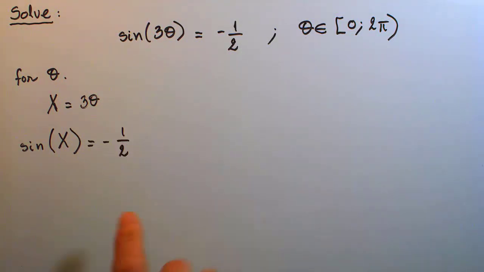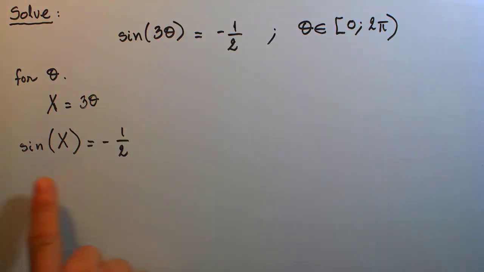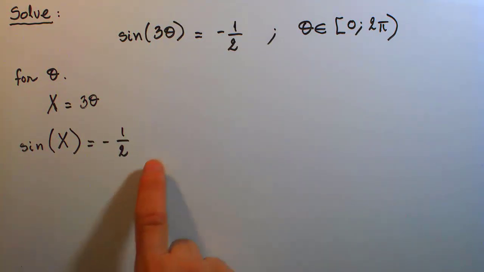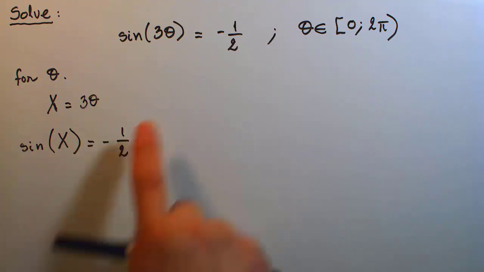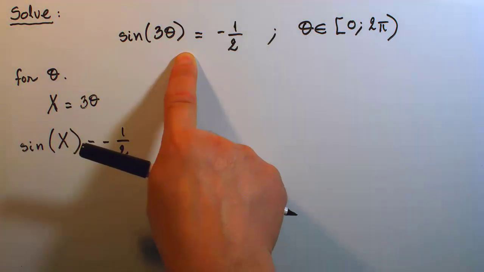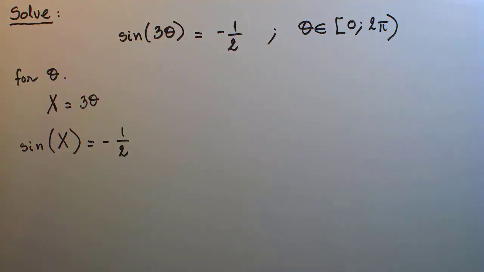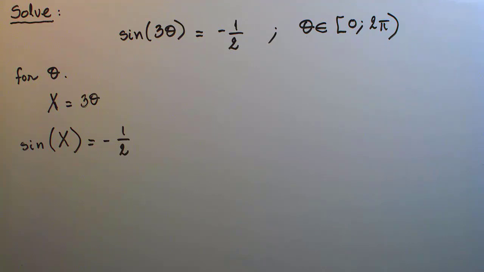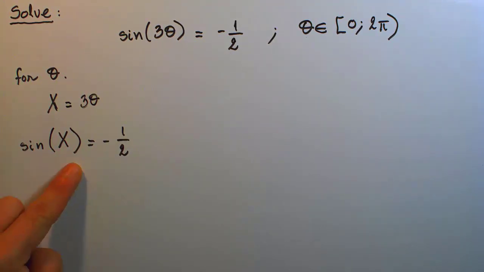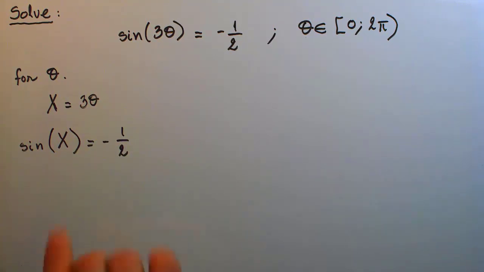This is where it makes sense that I require any viewer of this video to know how to solve this very basic equation, because we already brought our slightly more complicated equation back into that very basic form. So now into solving this: in one complete rotation, this equation produces two solutions.